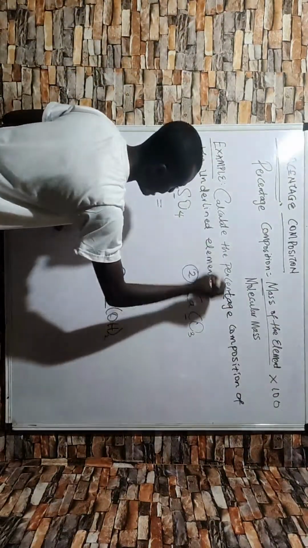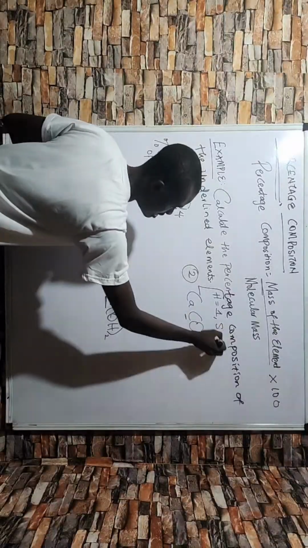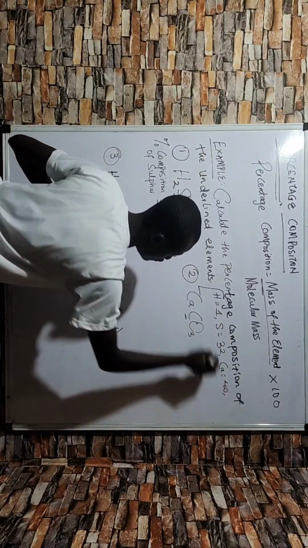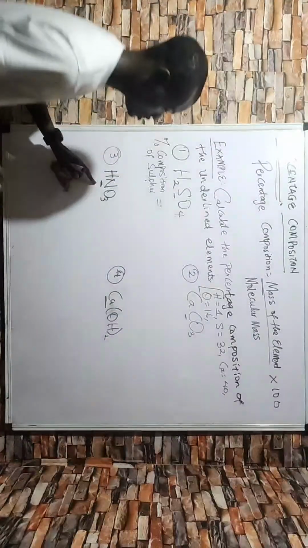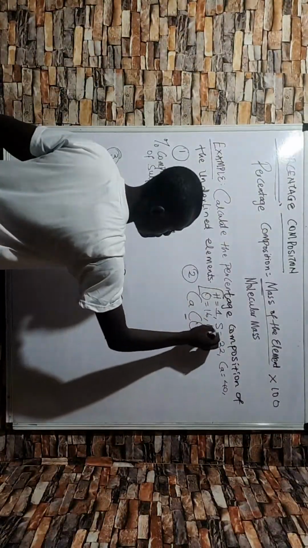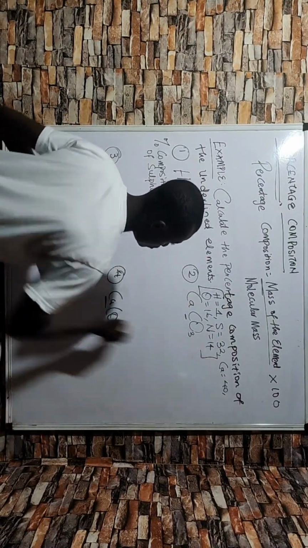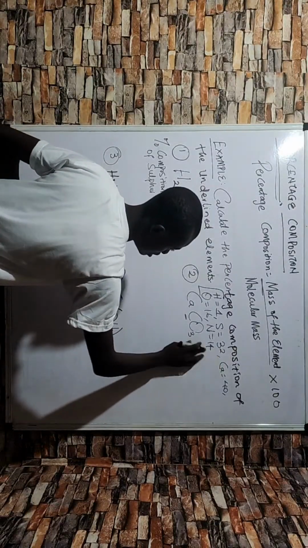So for hydrogen it is 1, for sulfur it is 32, for calcium it is 40, for oxygen it is 16, then we have nitrogen, which is 14, and I think that's all. Okay, we have carbon as well. So carbon is 14.